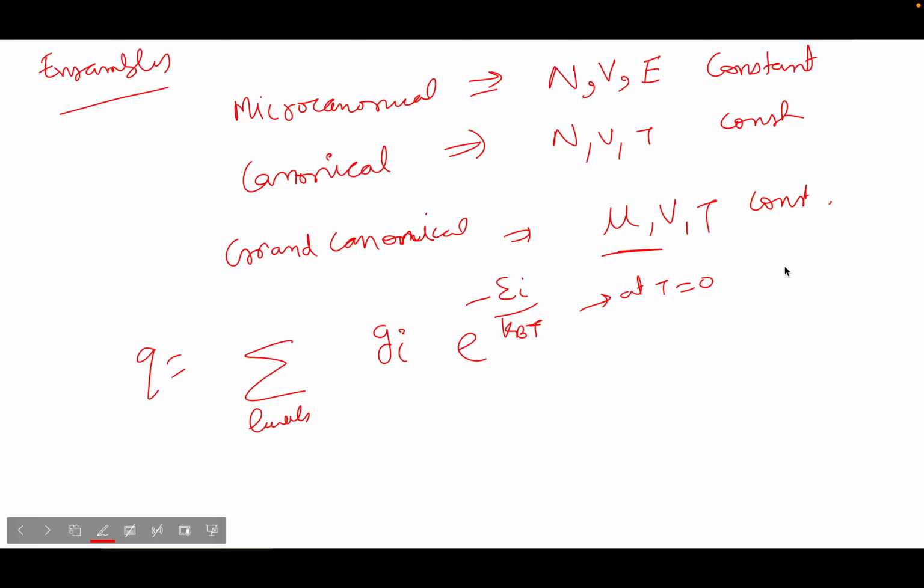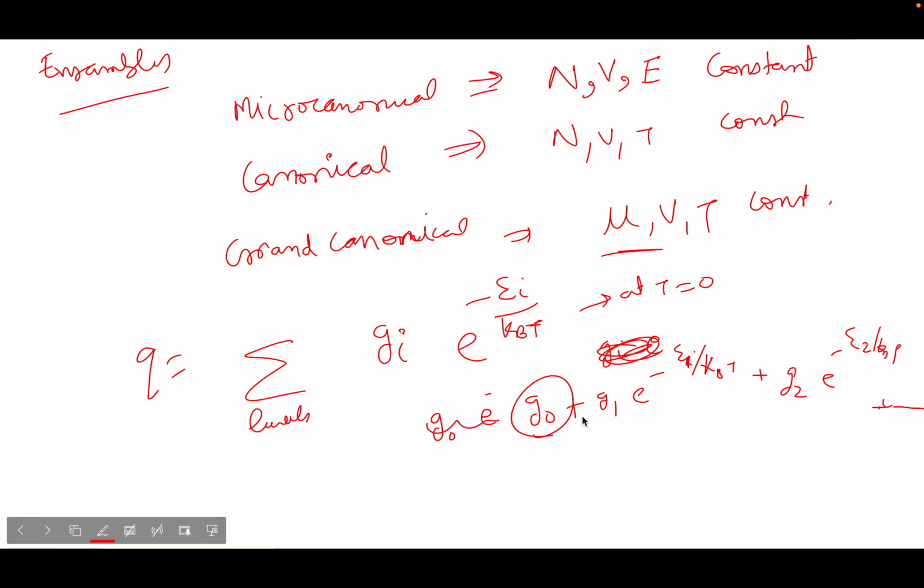So at T equal to 0, it is g0 plus g1 e to the power minus e1 upon kBT plus g2 e to the power minus e2 upon kBT and so on.